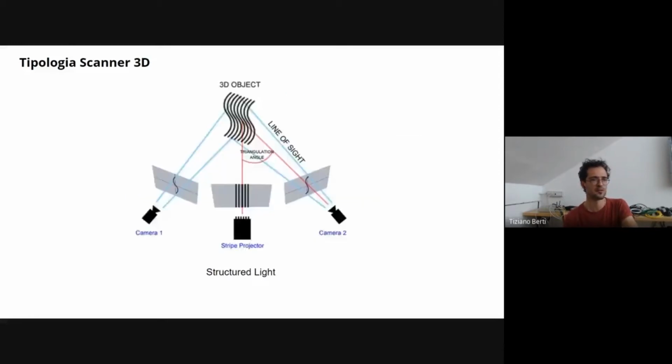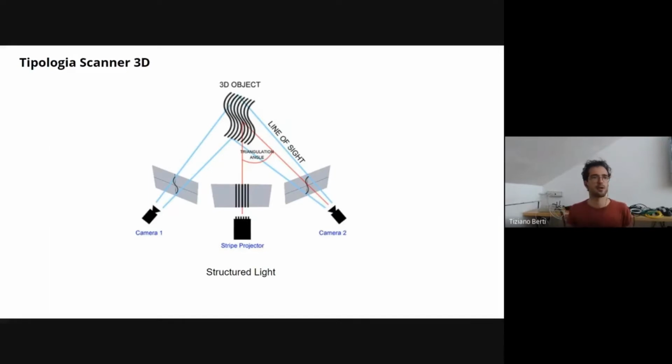So for those kinds of objects, the ones without a texture or a specific feature on top, the best scanners you can find are structured light and triangulation scanners. They are both triangulation scanners in some way, because they always have an angle between the projector and the image capture device, and they have a measured baseline between the two.